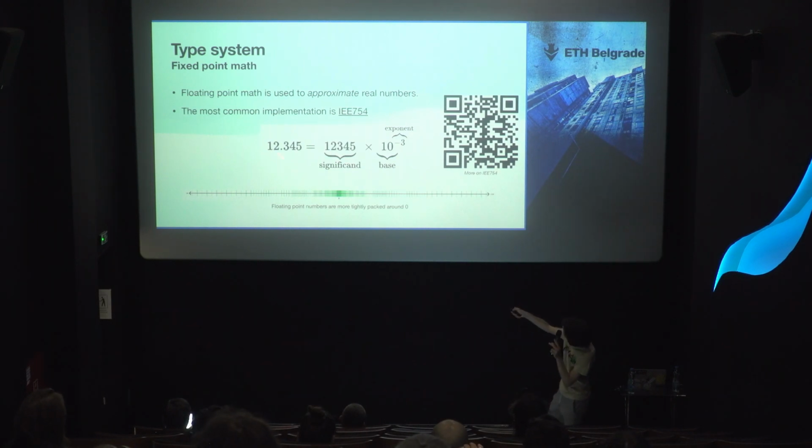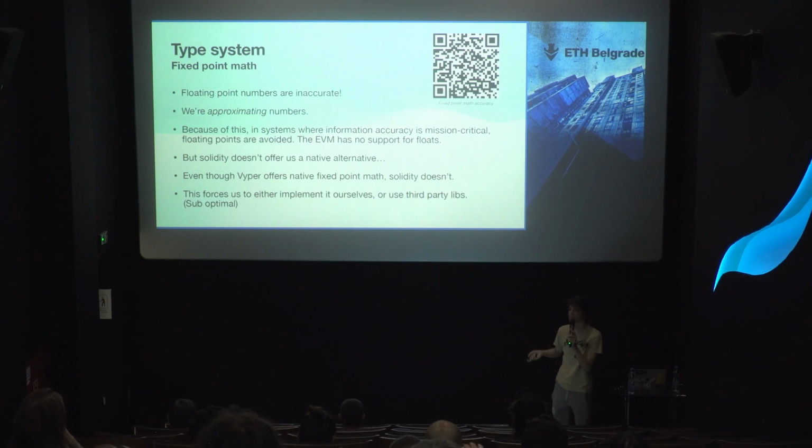And when we combine these three, we get an approximation of a number. They're more tightly packed around 0, and they're approximations, they're inaccurate. So we shouldn't be using them in applications where information accuracy is critical. And the EVM doesn't have them.